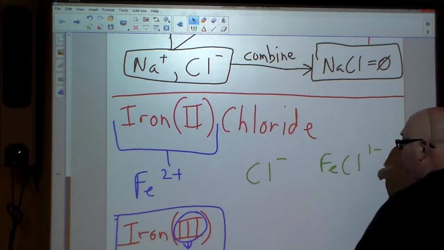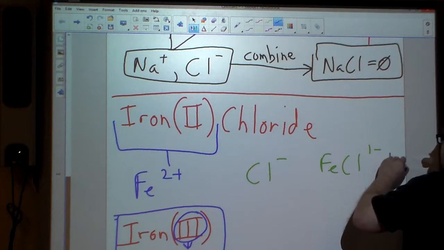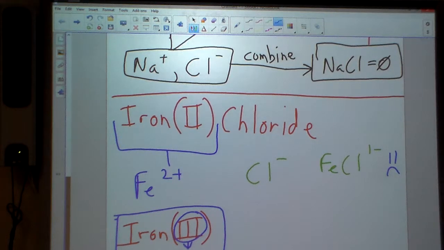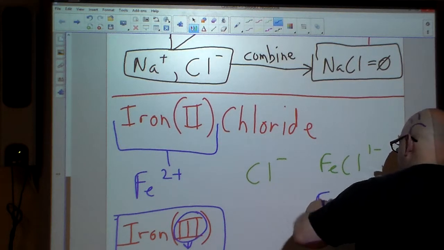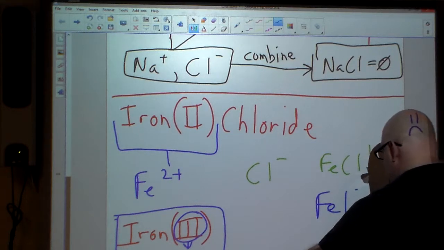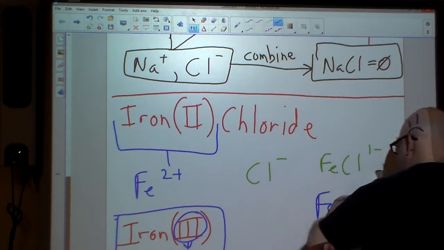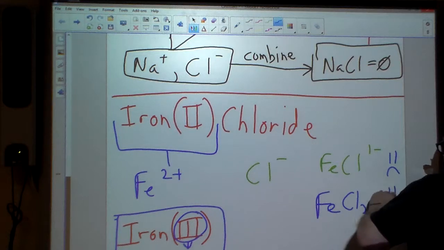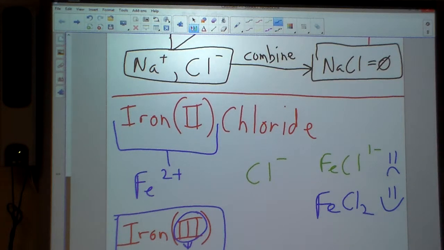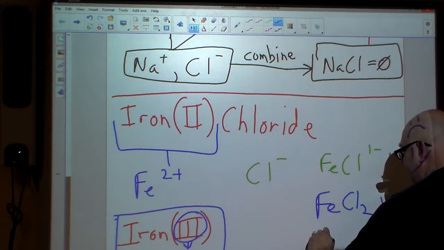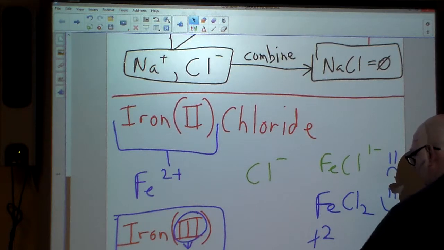Okay. So in order to balance it, so this is not balanced. That's where I've got my sad face on. And over here, FeCl2, it's a happy face because it is balanced. Because I have my +2 charge for my iron.